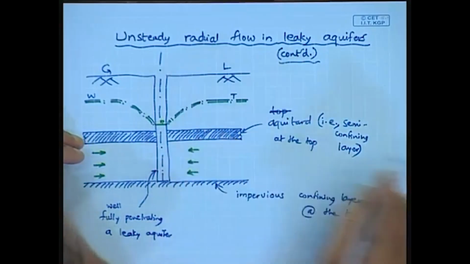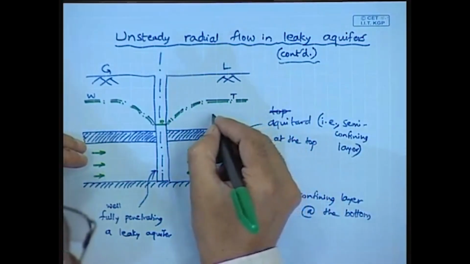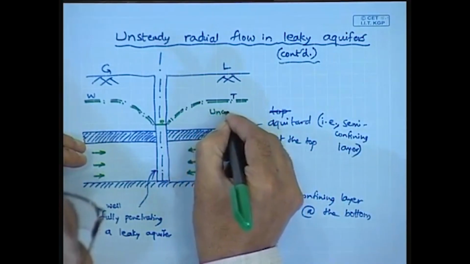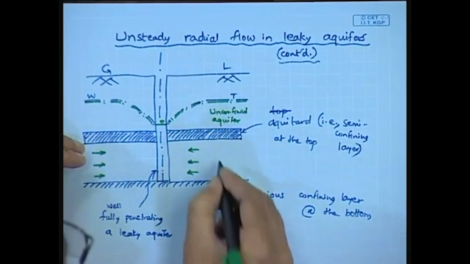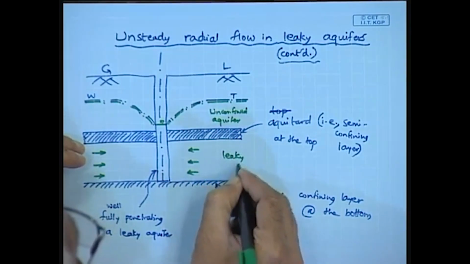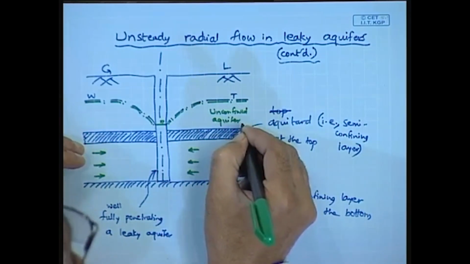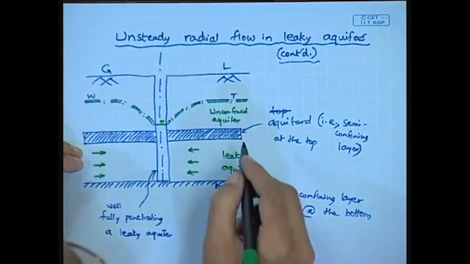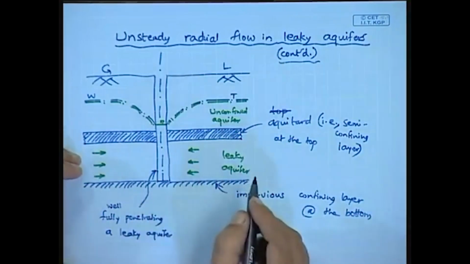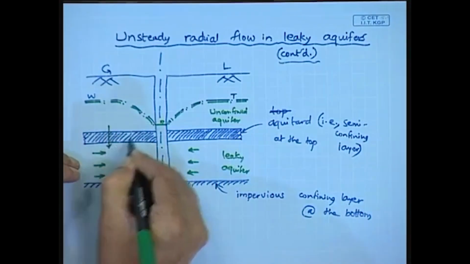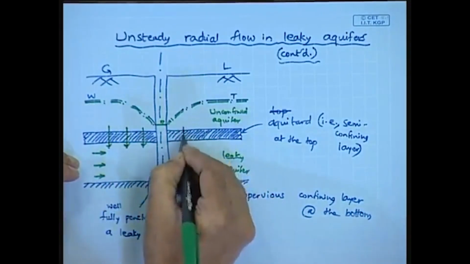So here this is the unconfined aquifer, and this is the leaky aquifer. Through this aquitard there is some contribution of groundwater into the leaky aquifer.